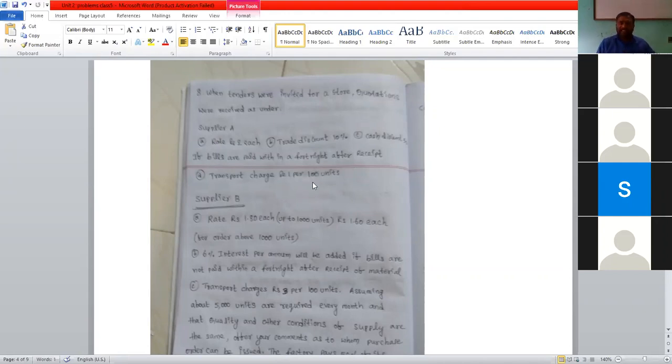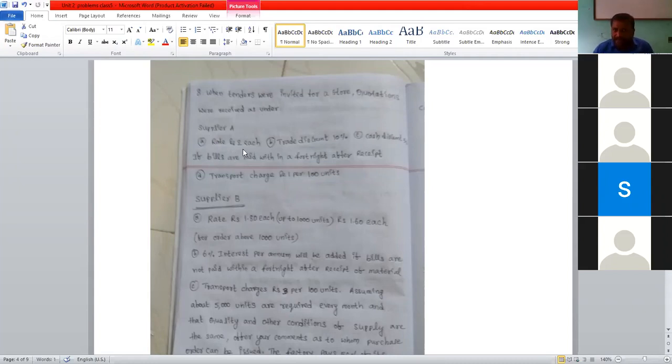So once again, listen here. When tenders were invited for a store, the quotations were received as under. So the store is inviting the quotations from the tender. With the supplier A, what is quoted here?